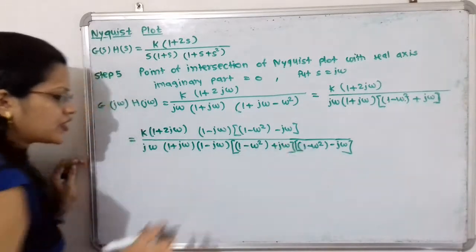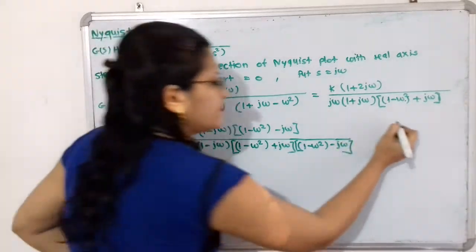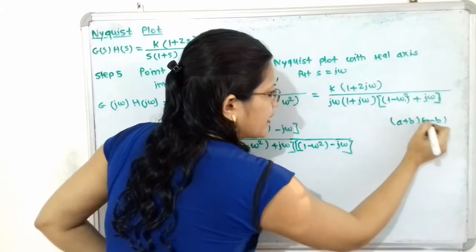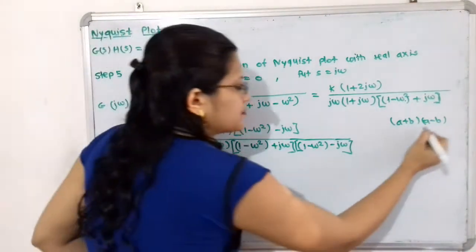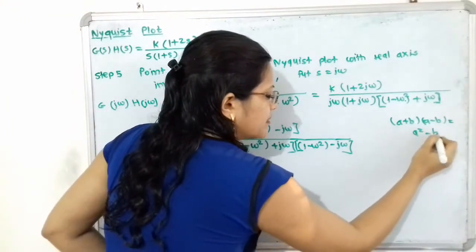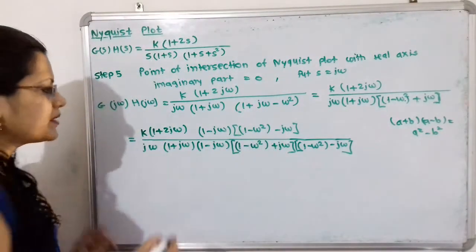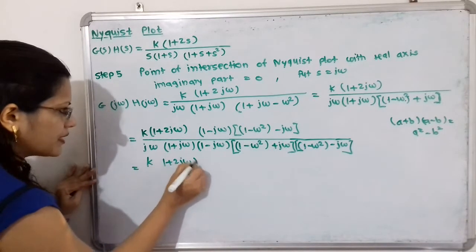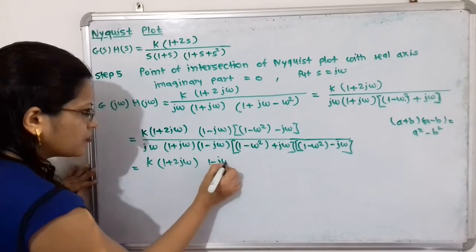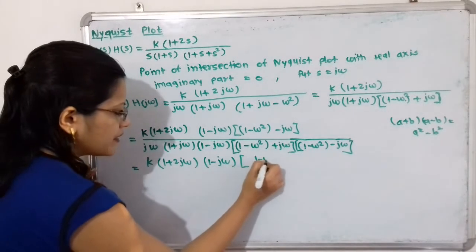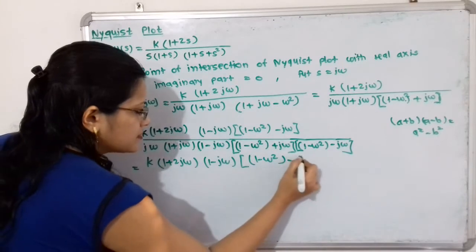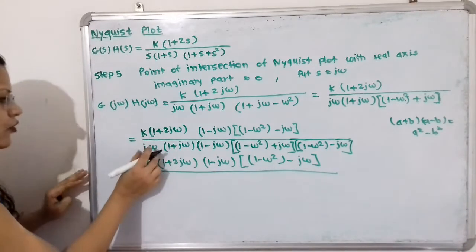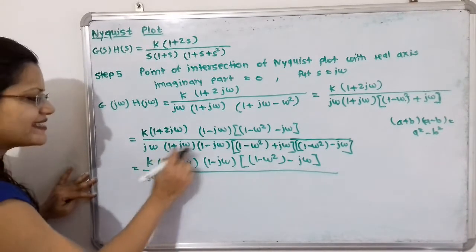Now if we observe, this is the equation in the form of a plus b, a minus b. So how can we write this? A plus b, a minus b, that is nothing but a square minus b square. So in the denominator we will continue this. So k into 1 plus 2j omega into 1 minus j omega, in this bracket 1 minus omega square minus j omega, divided by, now this j omega I will write here as it is, so a square minus b square.